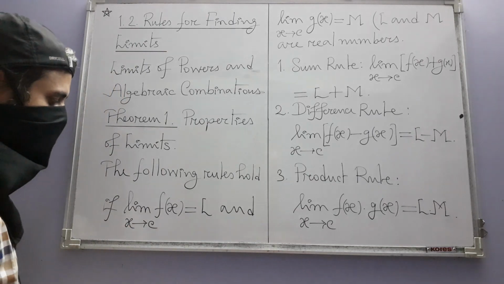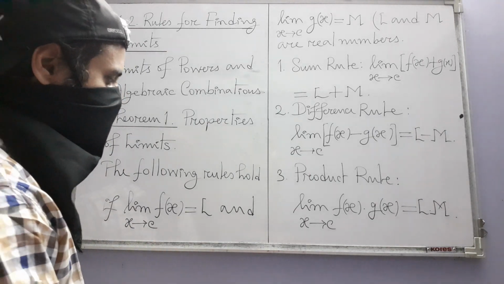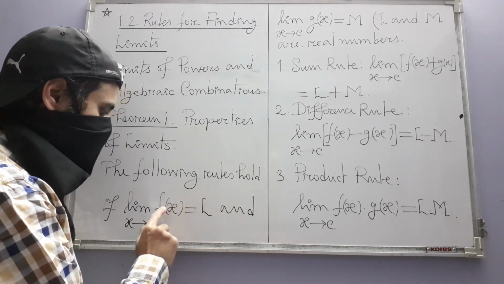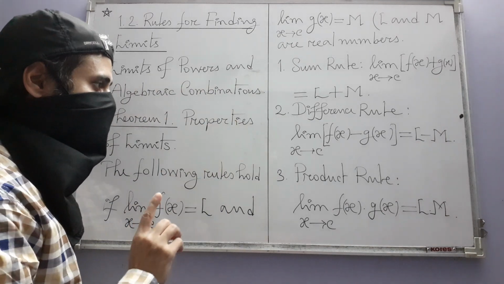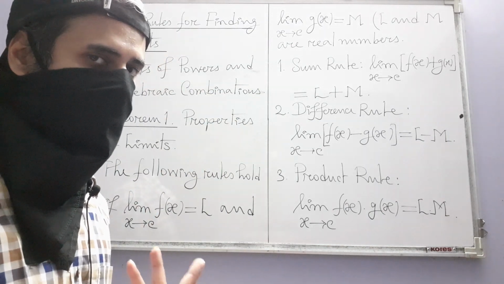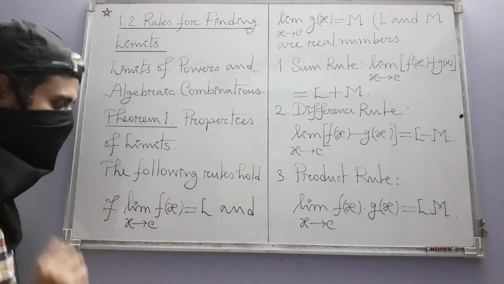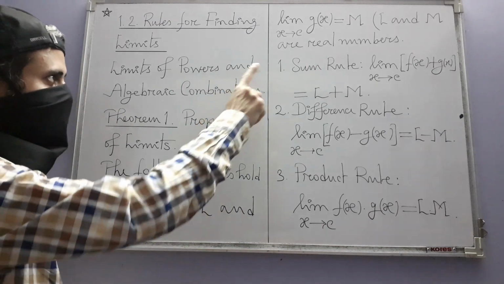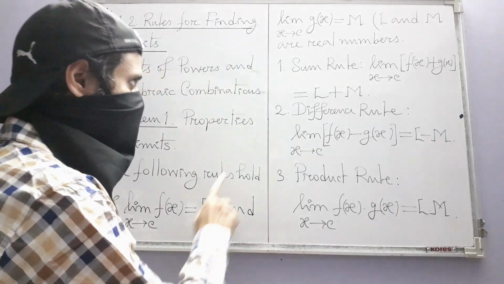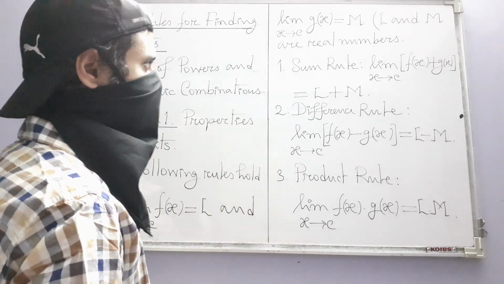So you can understand that c is a real number such that in an open interval containing c, both f and g are defined except possibly at c, because that's what the informal definition of limit requires. So we have those things, and these two limits are given. And also, just to clarify things, L and M are real numbers. They are not infinity or anything like that.